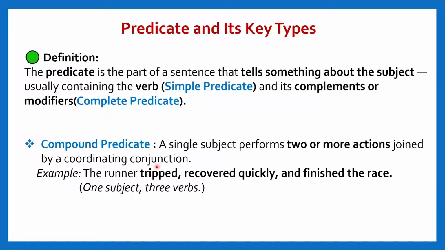For example, the runner tripped, recovered quickly, and finished the race. Here we see one subject, the runner, but three verbs: tripped, recovered, and finished. So one subject and multiple actions give us a compound predicate. This particular structure is very useful for showing sequential actions without repeating the subject.